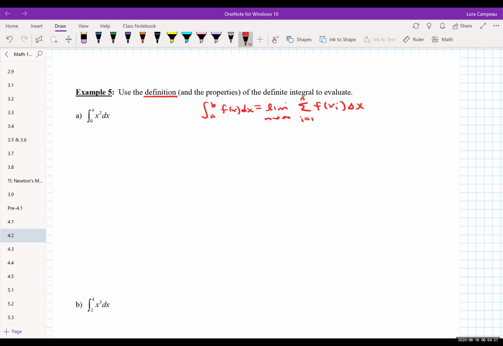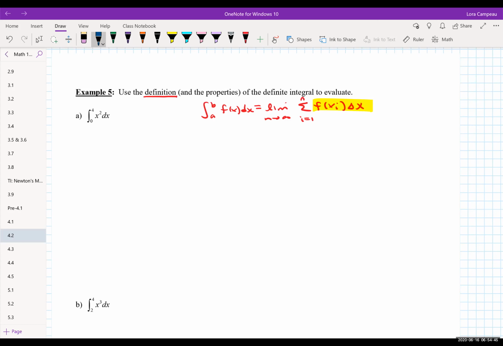That is our definition. So we're going to have to revisit 4.1 and what we were doing. Pretty much the idea is, let's come up with this part first, and then we'll use limits to help us out.